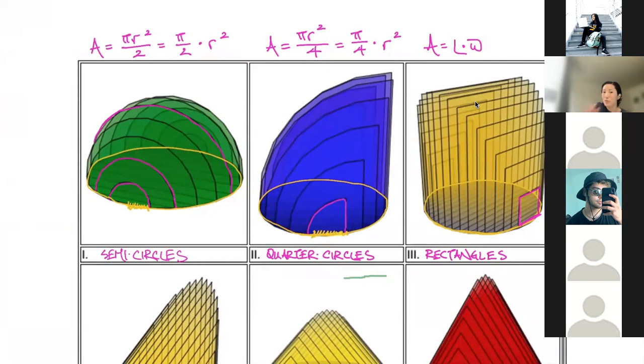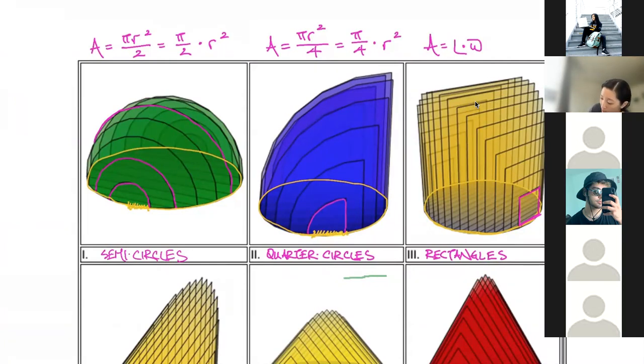So let me pause here for a moment. We've taken a look at three shapes so far. I know that they're all different, right? We've got semicircles and quarter circles and rectangles. But what are the bases of all of these shapes? Like the bottom part of the 3-dimensional shape. Are those shapes the same or are they different? Yeah, they're all the same.